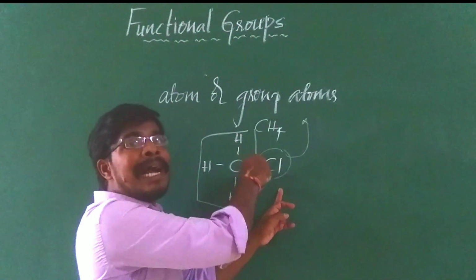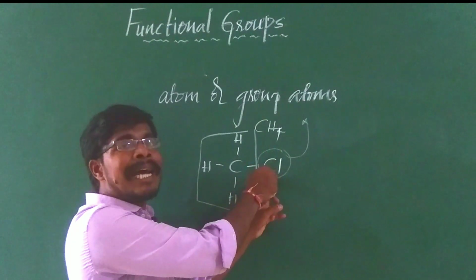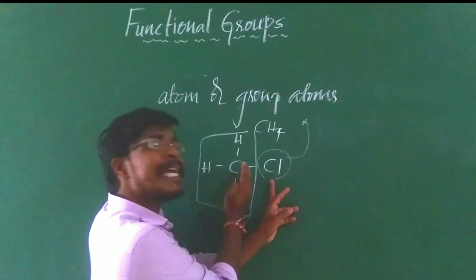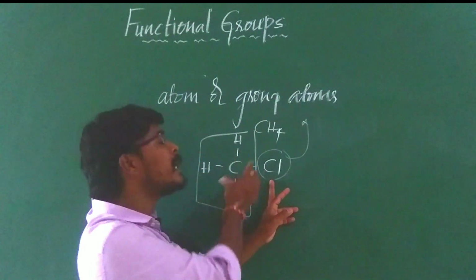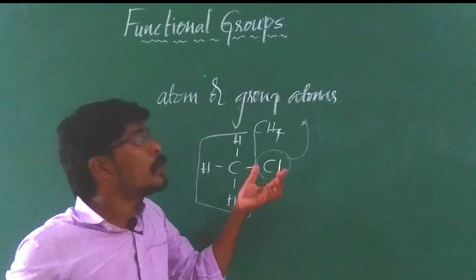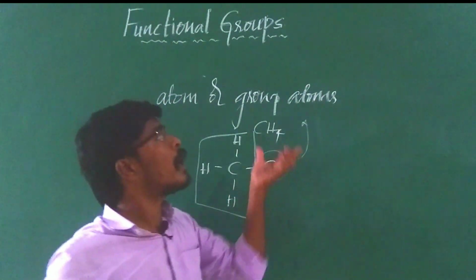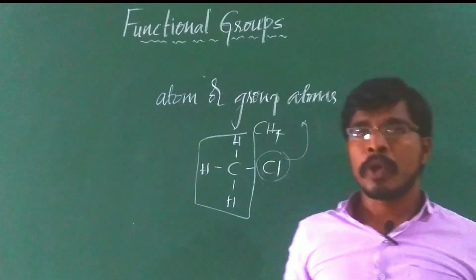Here the chlorine, the functional group, is attached, and this group is going to change the function or the property of that hydrocarbon. So those types of atoms which attach are called functional groups.